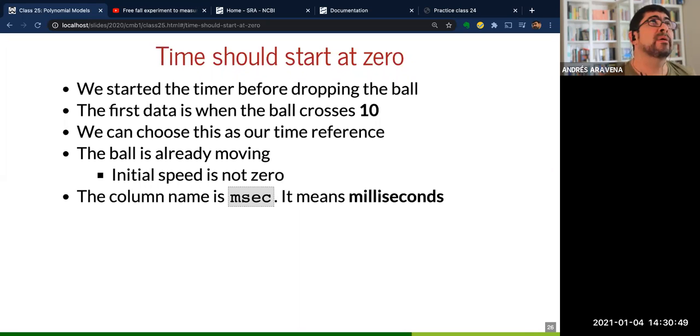I'm not explaining myself well, but if I drop the ball here, I don't know exactly where I am dropping it. I can drop from here or from here or from here. Then I have something that I cannot control.